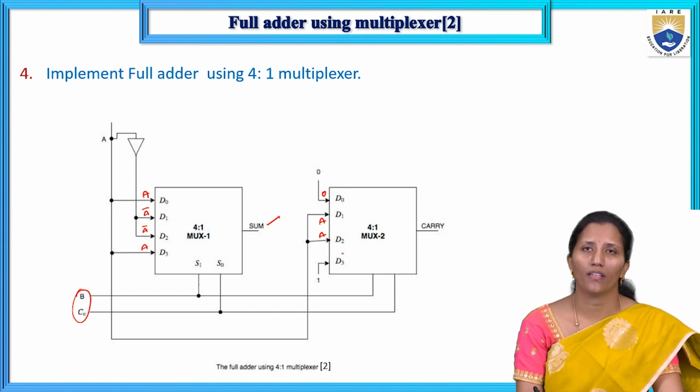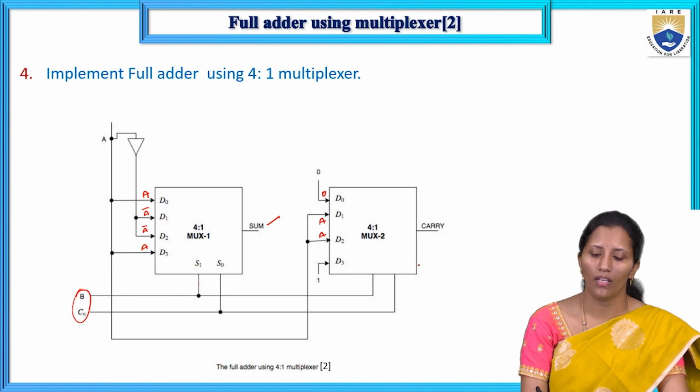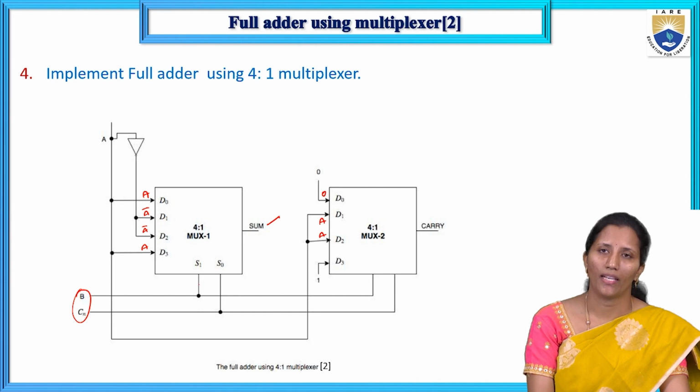This is the implementation of the full adder using a 4:1 multiplexer. A, B, C are the inputs, and sum and carry are the outputs. For sum and carry we have separate 4:1 multiplexers, with B, C as the selection lines, and we use the implementation table to find the inputs.